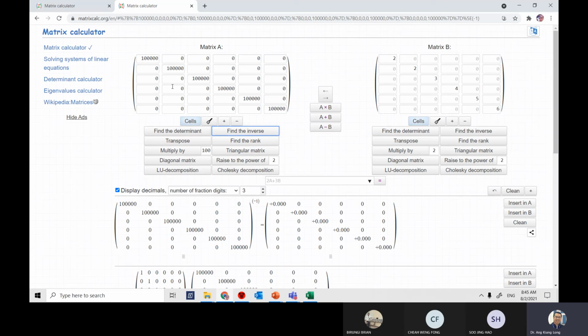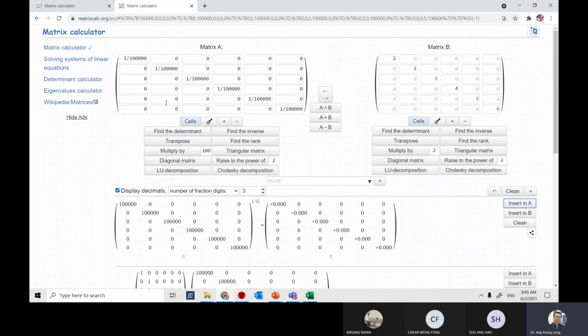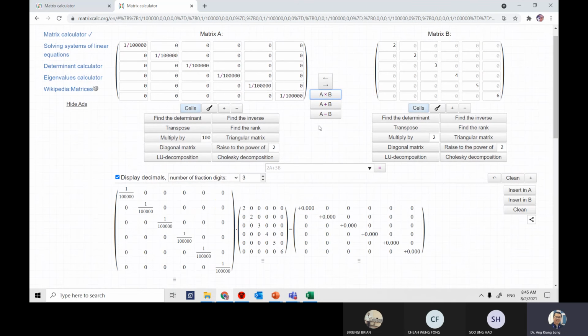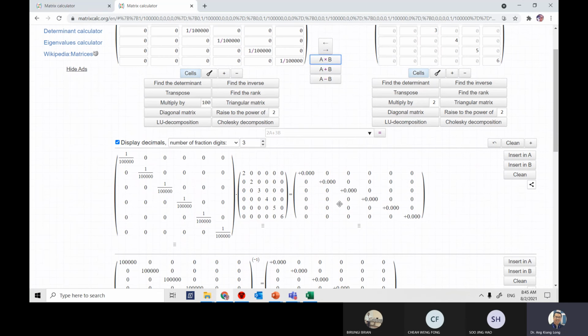So you put back to matrix A. So what you do, you just press insert A. You see, there's a number there. So matrix A is now the inverse matrix, times matrix B. So you want to get the product of the inverse matrix times matrix B. What you press is just multiplication. Press multiplication, you get the answer for the multiplication. This is the matrix that you need to get.